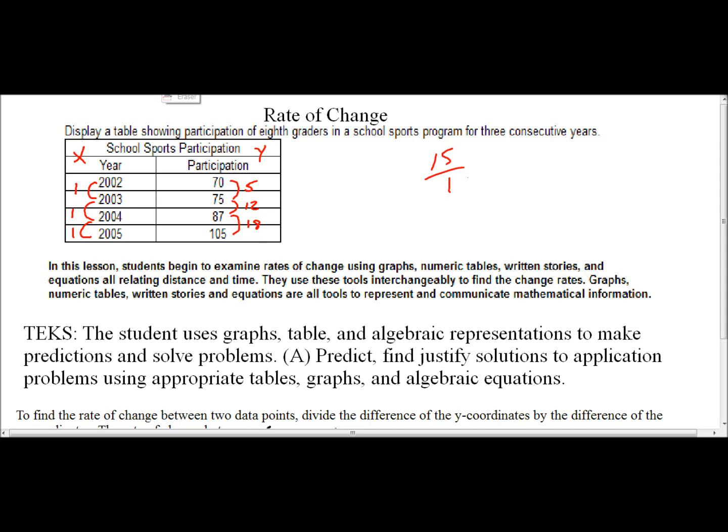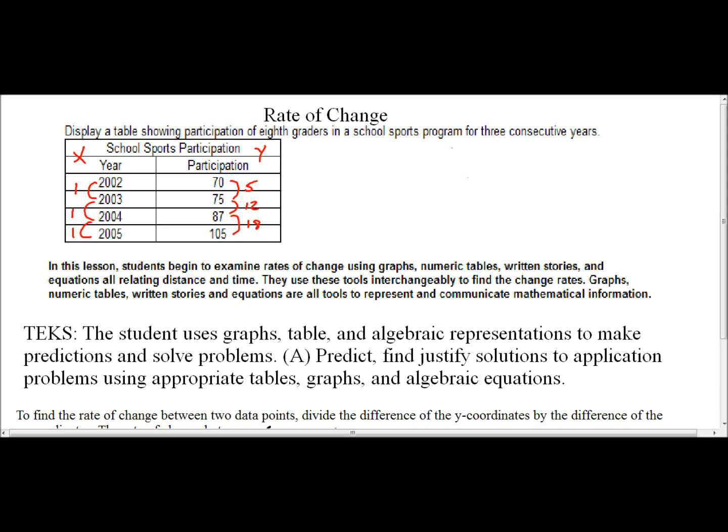Okay, so let's get in here, and this video will be pretty much an introductory concept before we really get off into some challenging word problems. As we take a look, we're looking at a table showing participants, 8th graders, in a school sports program for 3 consecutive years.